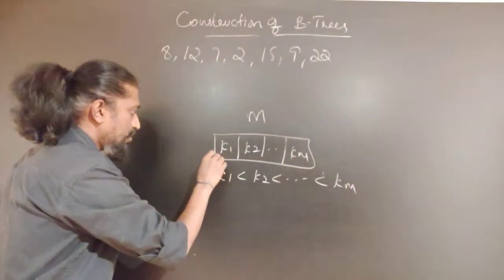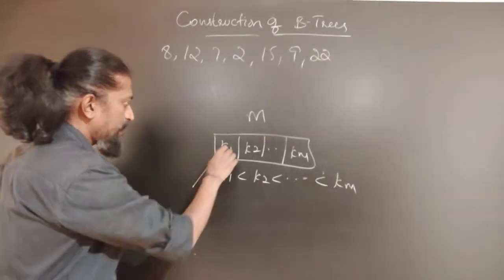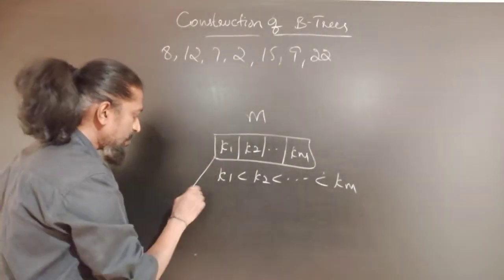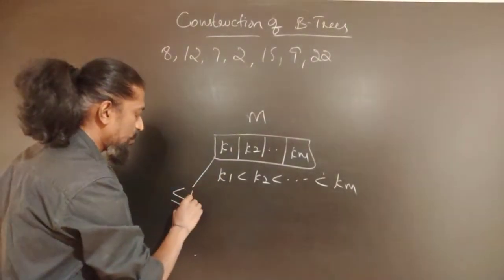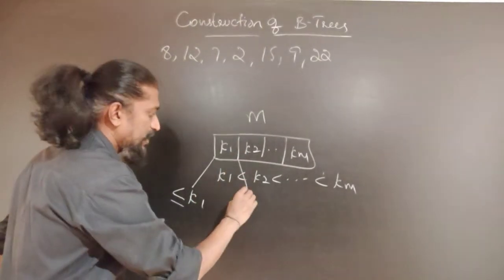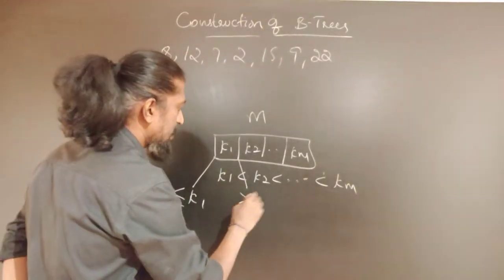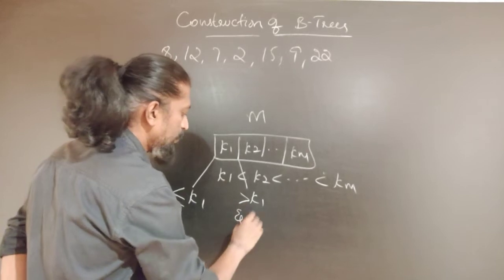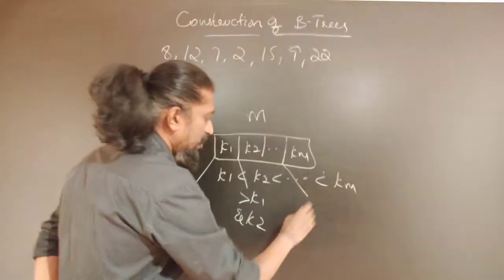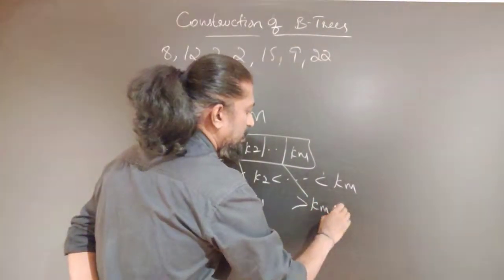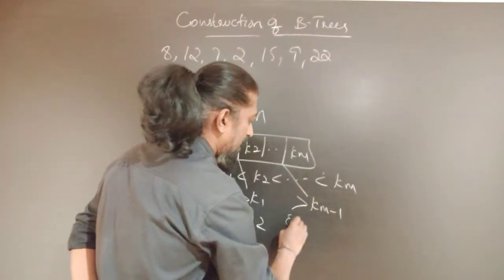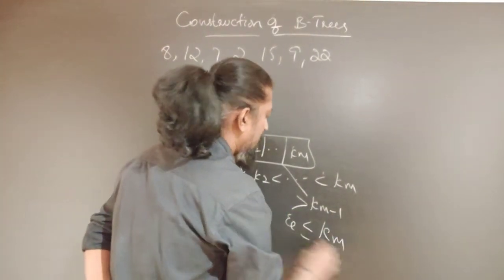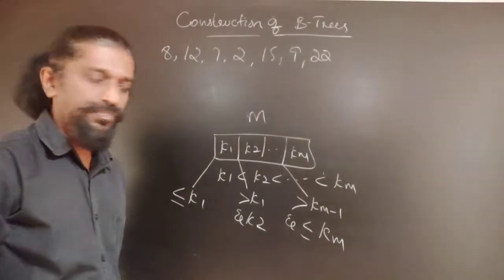Okay, and we can have a descendant to the left of key k1 where the subtree will have elements less than or equal to k1. In between k1 and k2 there can be a subtree which will have keys greater than k1 and less than or equal to k2, and here we can have keys which are greater than km minus 1 and less than or equal to km. So this is how we constructed a B tree.